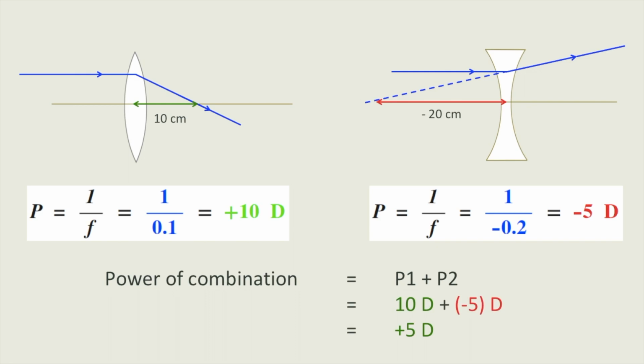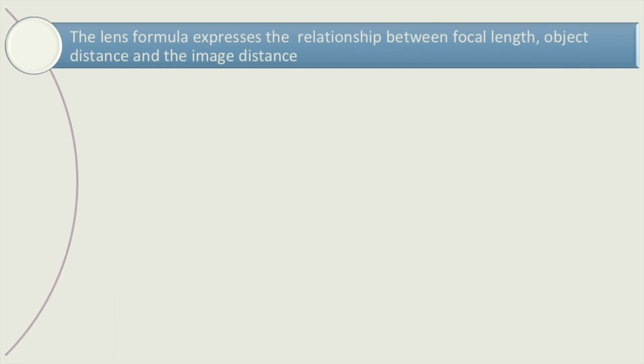So now we have three ways of describing a lens. One is focal length, second is magnification, and the third is power. And now the summary of this video. The lens formula expresses the relationship between focal length, object distance, and the image distance. 1 upon f equals 1 upon v minus 1 upon u.